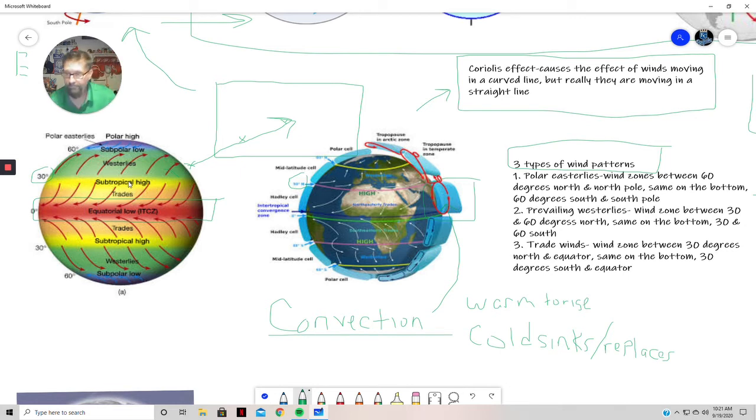So think about the 30-degree line, if you were looking at this particular globe, as the opposite side from us. The 30-degree line runs somewhere along Central America, a little bit of Texas maybe, Florida maybe.